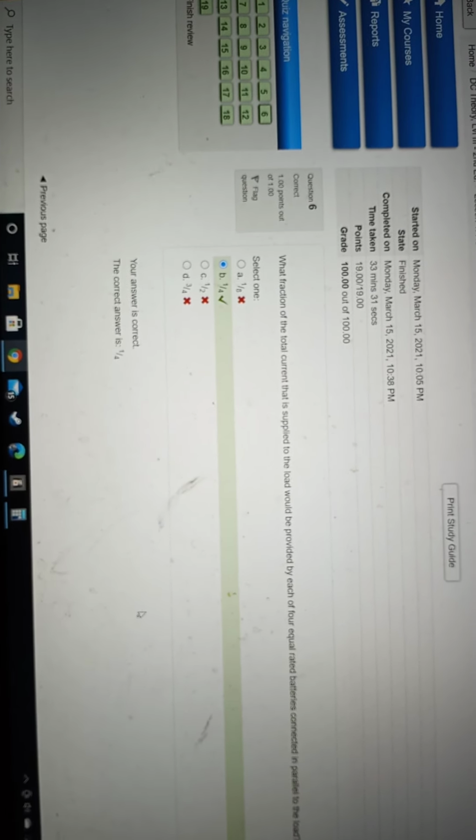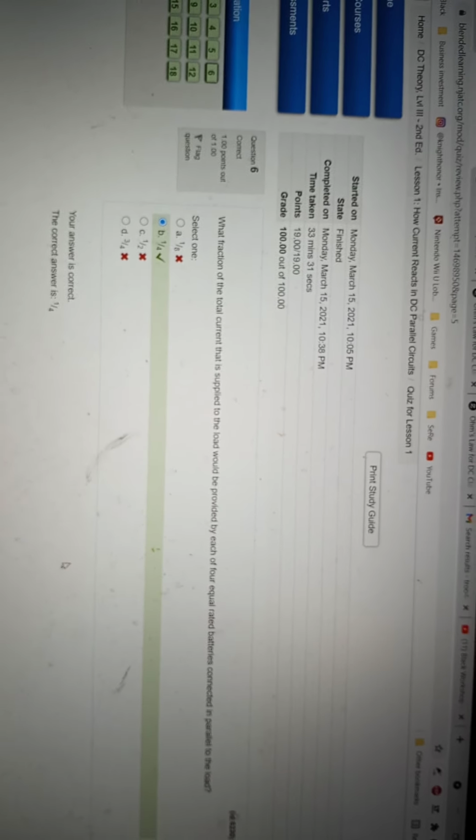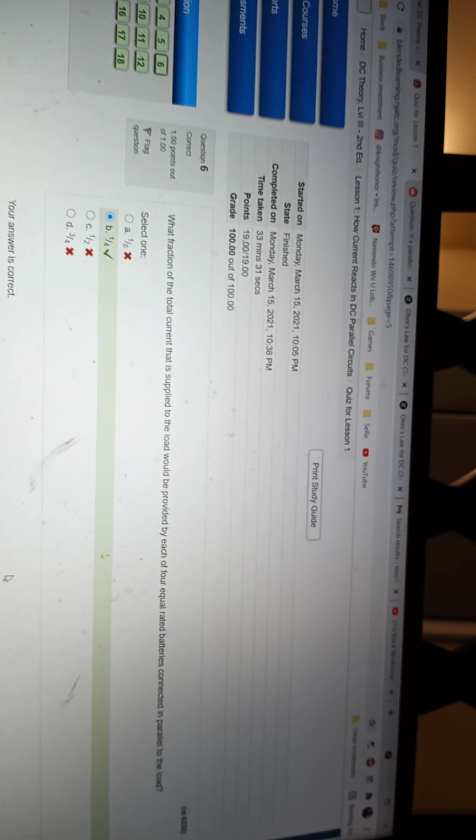You divide it up among them, and they all have the same resistors, so 1/4 is the answer.